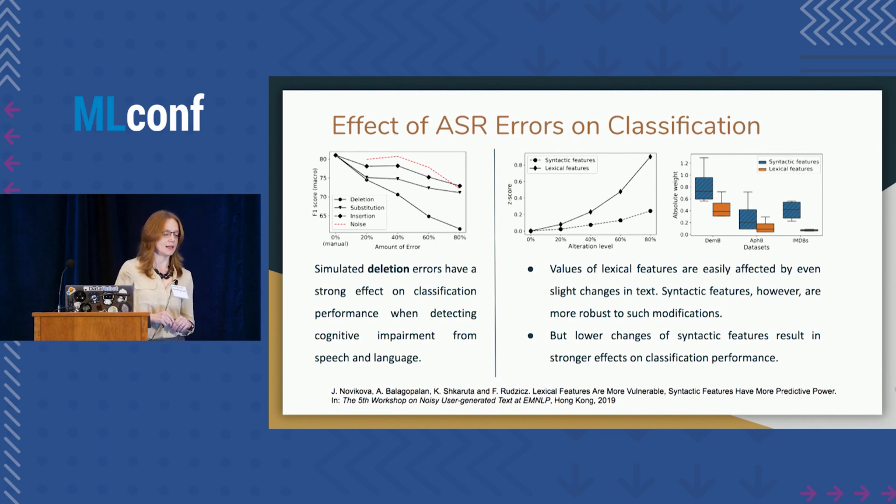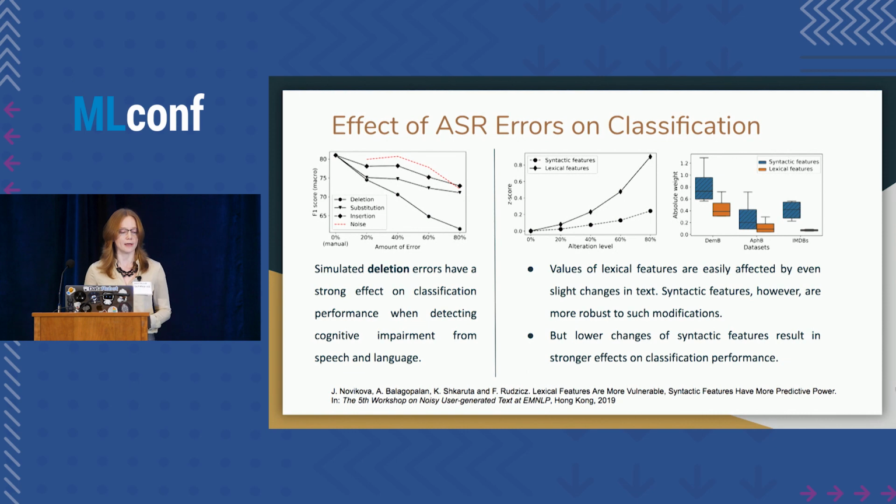When we add deletion errors, the classification performance decreases a lot. It decreases significantly with an error rate of around 60%, from 80 to 65% classification performance, which is a lot.